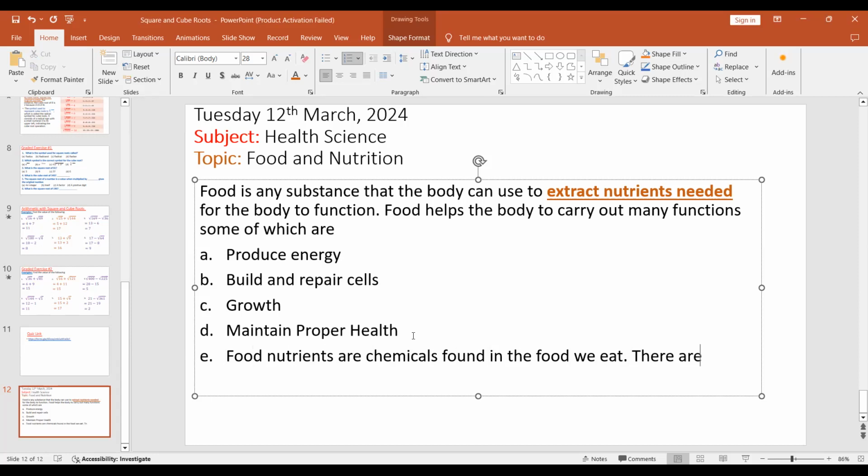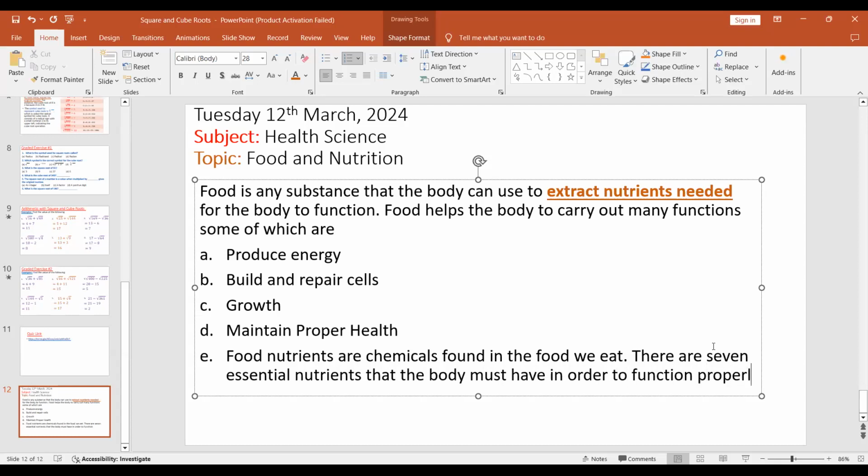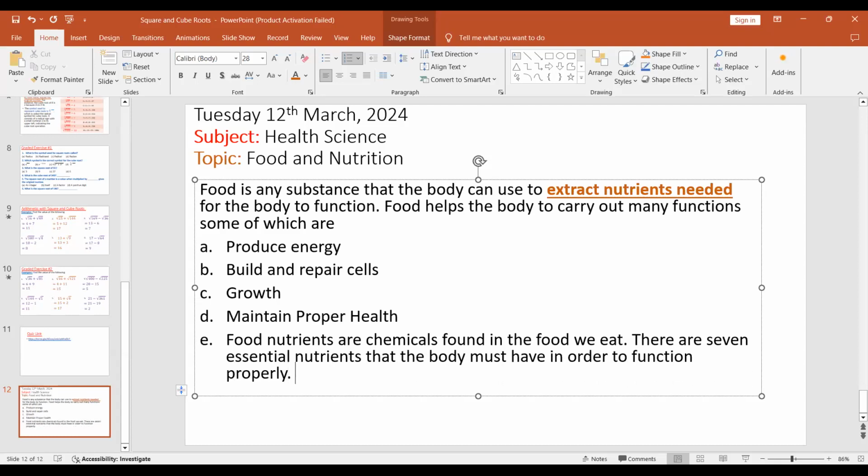There are 7 essential nutrients that the body must have in order to function properly. So 7 essential nutrients, right? That the body needs to function properly.